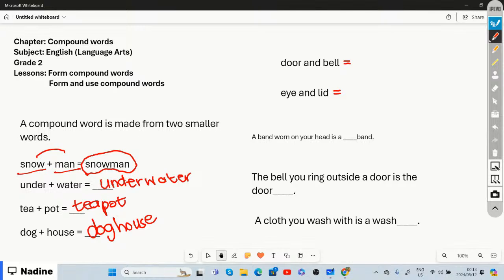And then we also have eye and lid. Before we go to eye and lid, we have door and bell. If we join those two words, we can say it's a doorbell. So you need to press the doorbell, the buzzer, in order for us to respond.